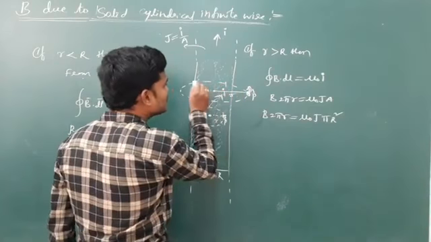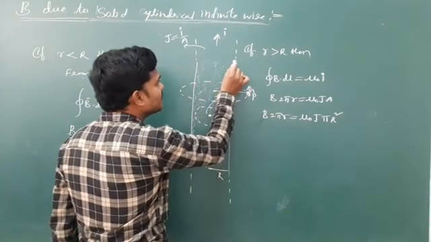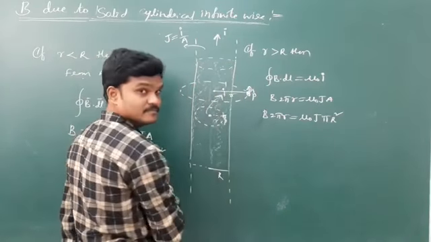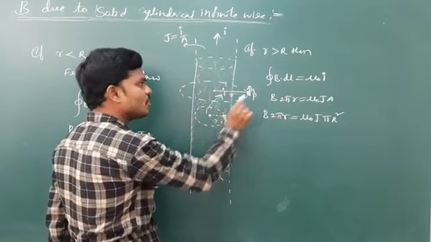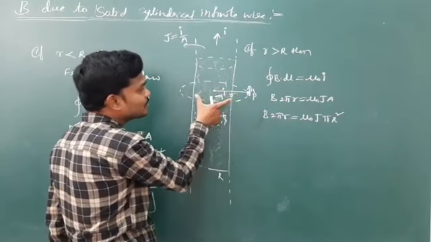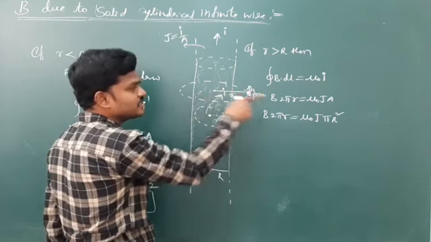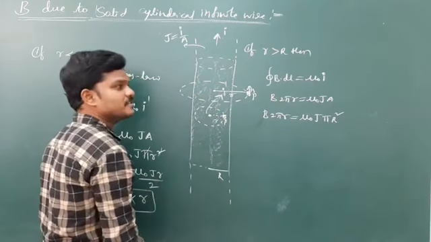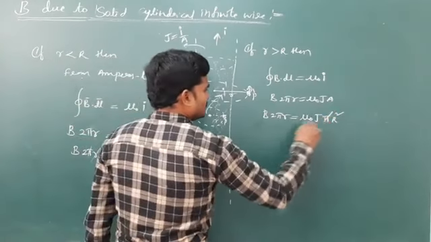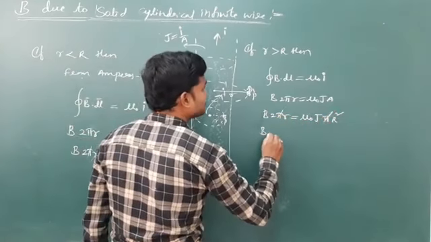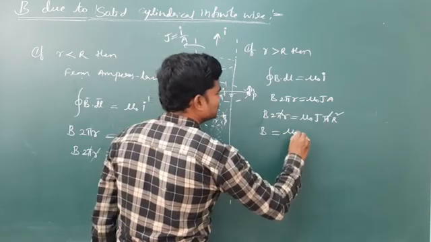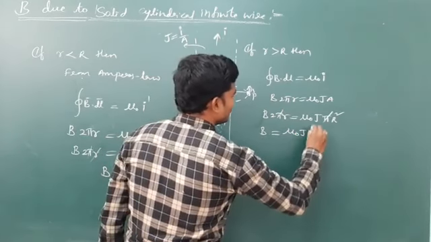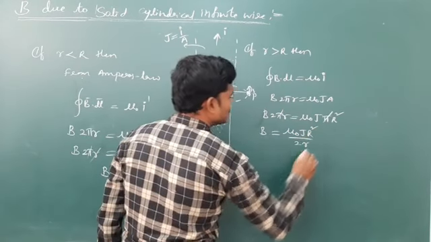So current will be there only in this region. Of course, this is the size of the Amperian loop, but current is there only up to this region. So current density is J, and the area occupied by that current is pi R squared. So B we can write as mu naught J R squared by 2r.